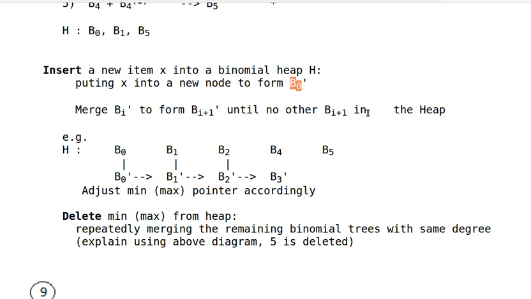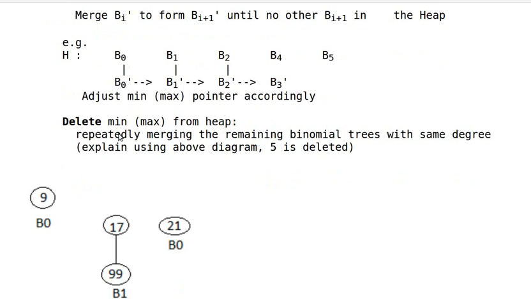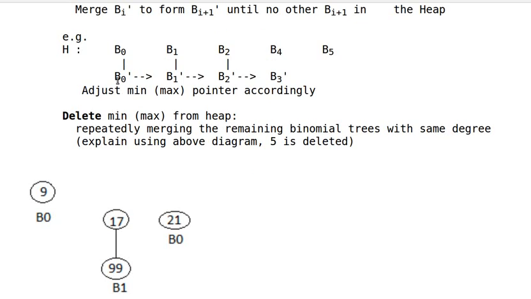For example, our heap has a B0, B1, B2, B4, B5. So when we insert a new item, we create B0 dash. So X is in B0 dash. So B0 dash has to merge with B0 to get B1 dash. And because H has B1, B1 has to be merged with B1 dash.